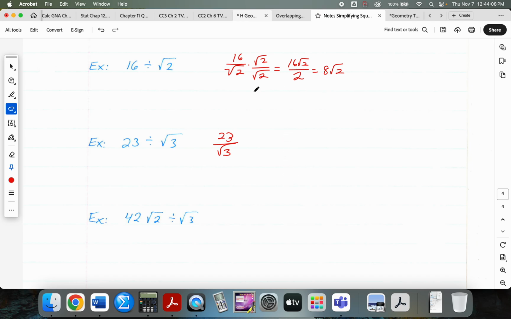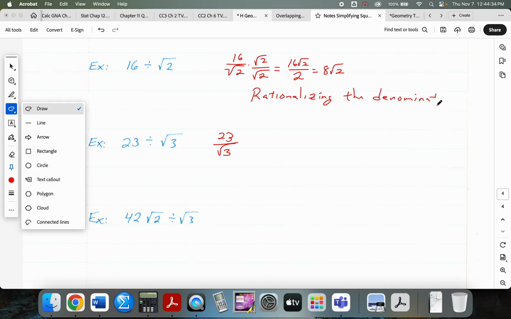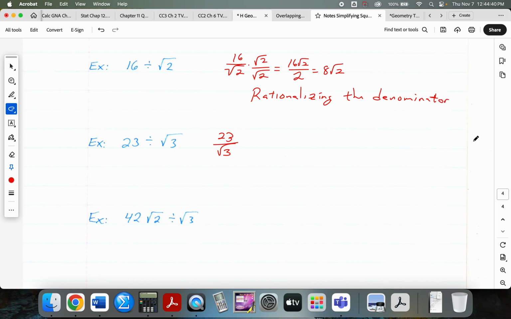Oh, by the way, I should have told you this. This process is called rationalizing the denominator. The reason it's called rationalizing the denominator is the square root of 2 is a number that is called an irrational number.